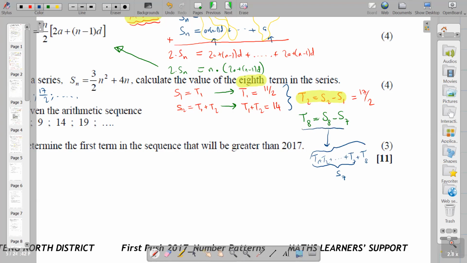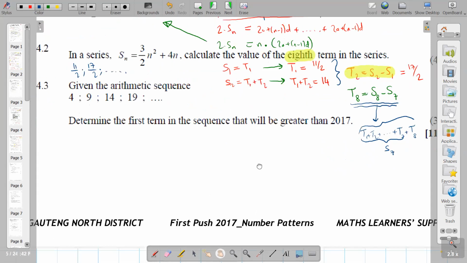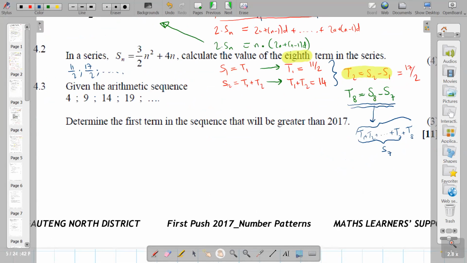So I can even use this idea: substitute 8 and then 7 and find their difference. That will be shorter. But the general idea of making use of the sum formula is that you find the first term, then you find the second term, you can find the difference, and you can find any term you want.